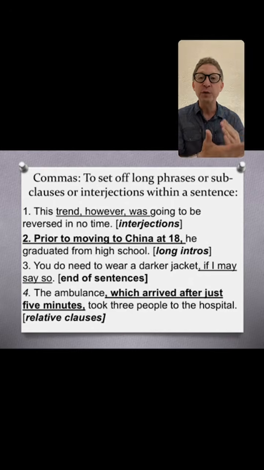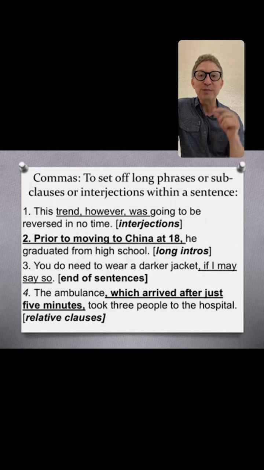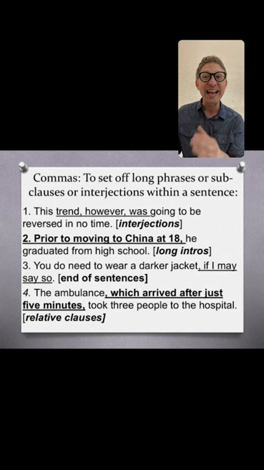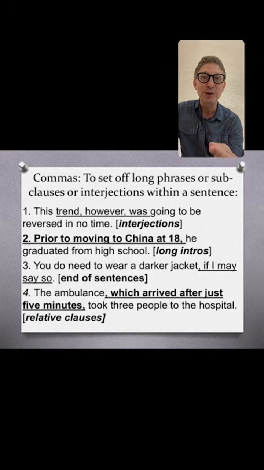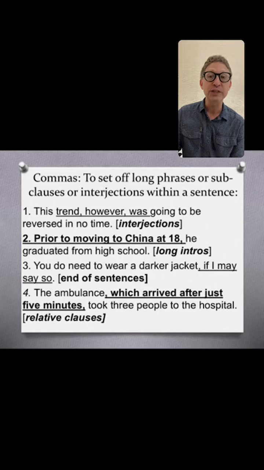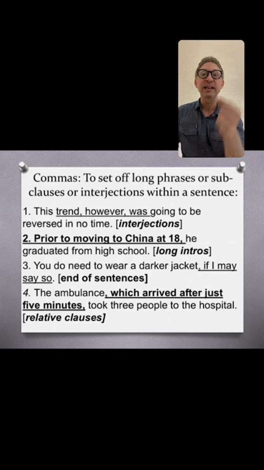Now we know the main sentence is about to begin. "He graduated from high school." So "he graduated from high school" is the sentence. It's the independent clause. What comes before that is extra information. So when you have a lot of extra information at the beginning of a sentence, we put a comma. "Prior to moving to China at 18, he graduated from high school."